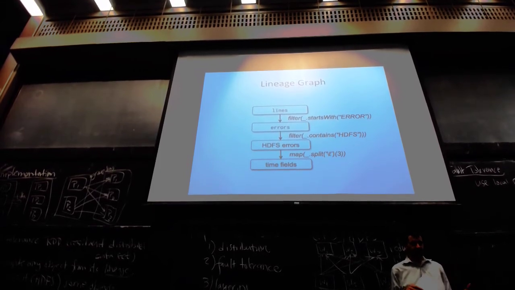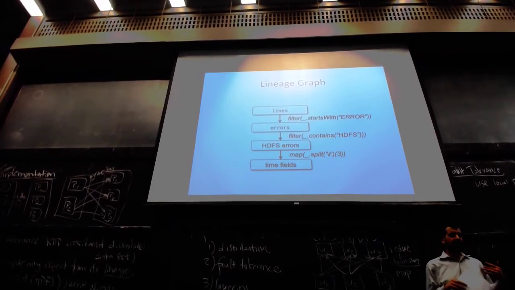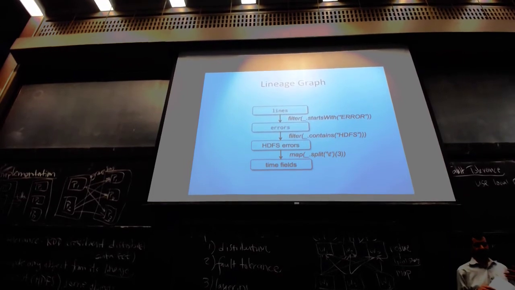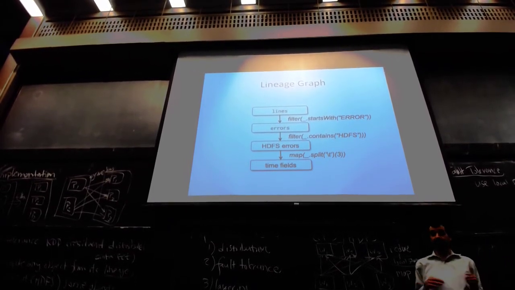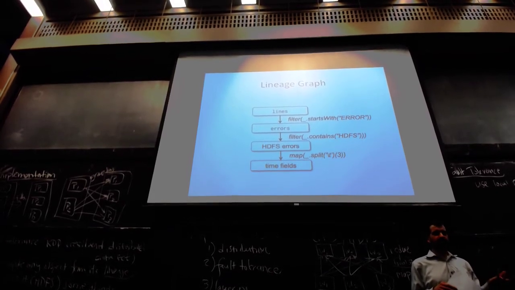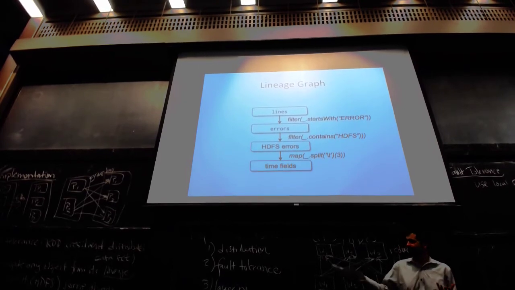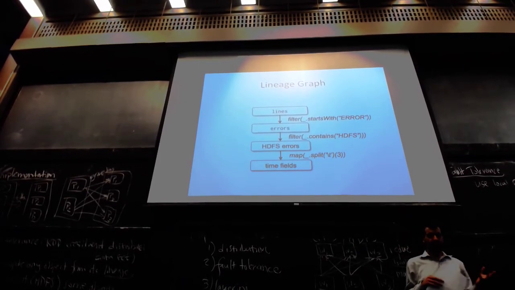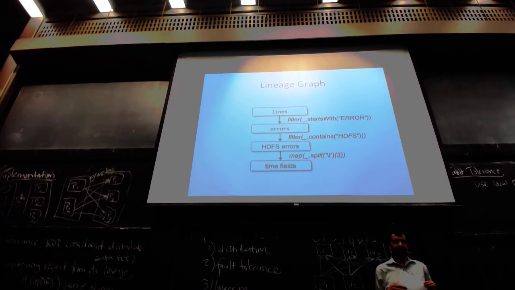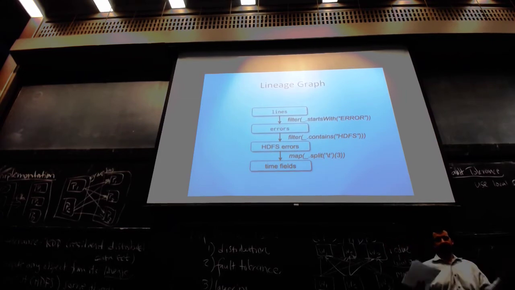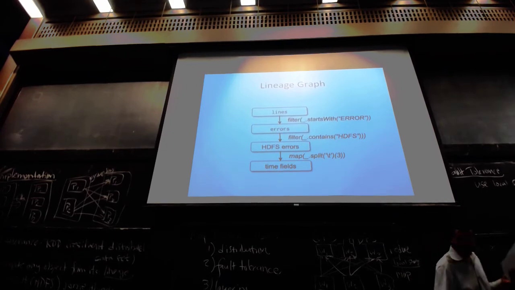To go from HDFS errors to time fields, we apply this map to split the lines up into 3 fields and extract the third of those fields. So all we have to do really is just remember the input computation that we used to produce each RDD, and then keep track of which RDDs are currently in memory and which ones aren't, and then we can recompute any one of these RDDs that we want in order to run the data.